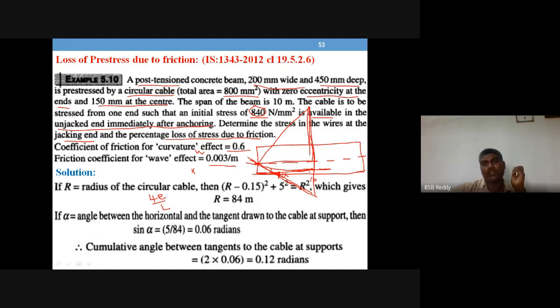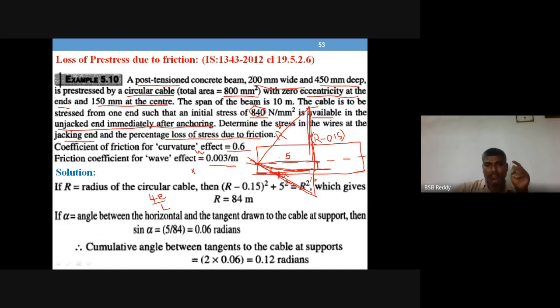So this is r, the radius of this circular curve. If you see, this is 5 meters, half of the span, and this is r minus, from here to here. This is the circle, to this point is r. Whereas this value is 150 mm, so r minus 0.15 is this value.